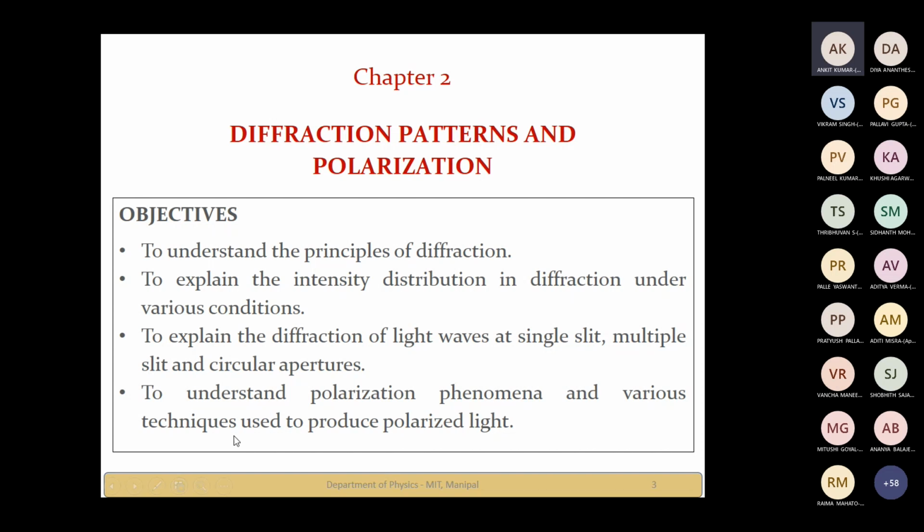This is very important, because if you take any optical system, most of the apertures are circular in nature. Even a camera lens or any optical instrument like a microscope, or in fact our human eye, the pupil of the human eye is also circular, right? So it is essential to see the effect of diffraction there.